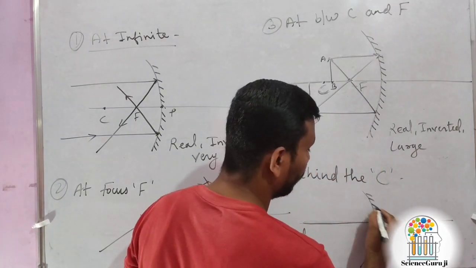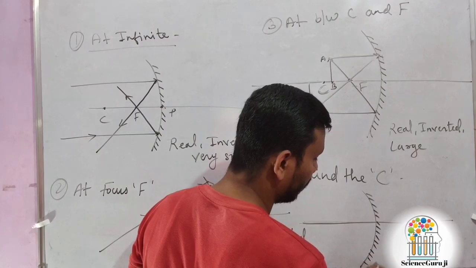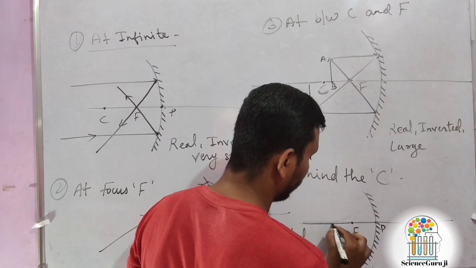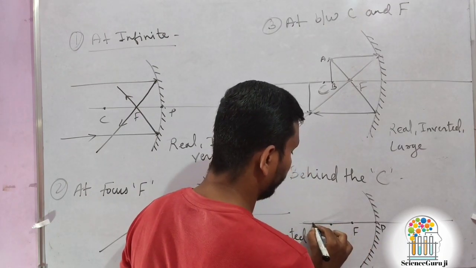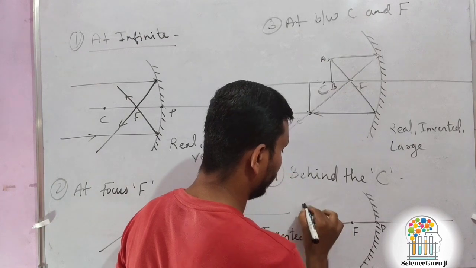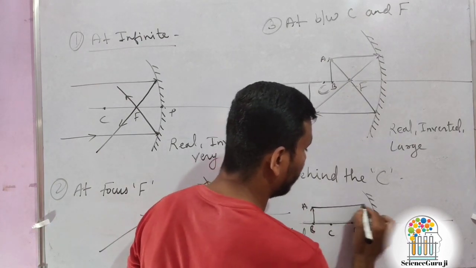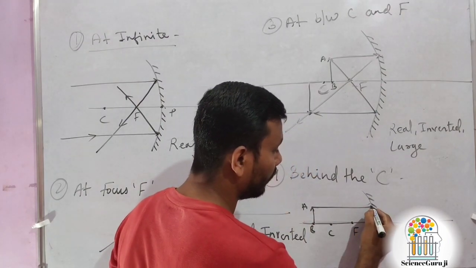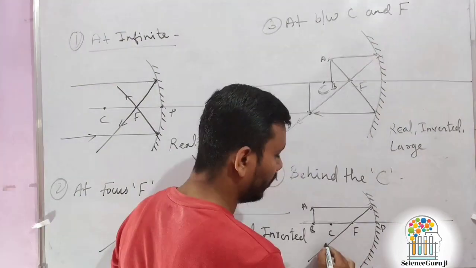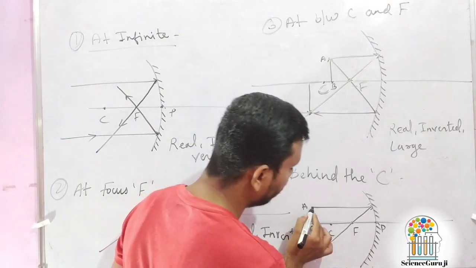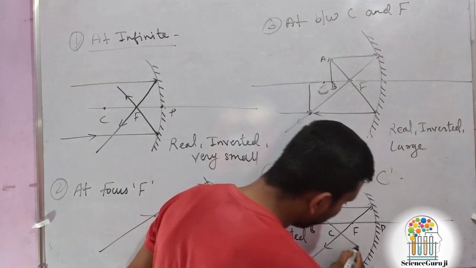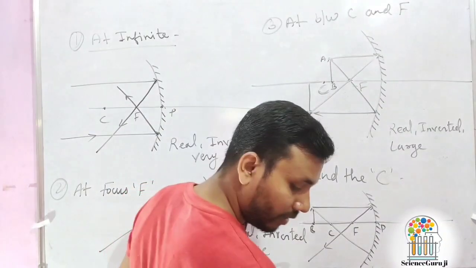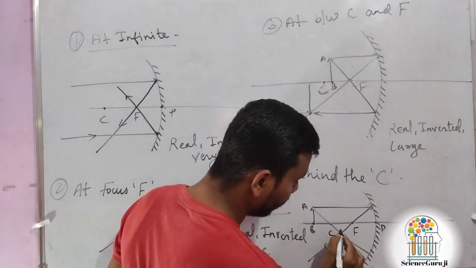Okay, here we have a reflecting surface. This one is our P. Okay, this one is our F. This one is our C. Okay, and if any object is placed here, suppose this one is A and B. A light beam goes from the object parallel to the principal axis, and after striking, it comes through the focal length, and it again goes in the same direction.